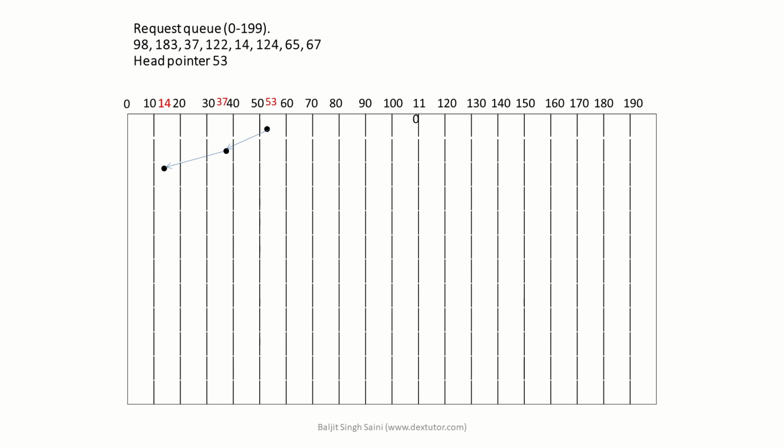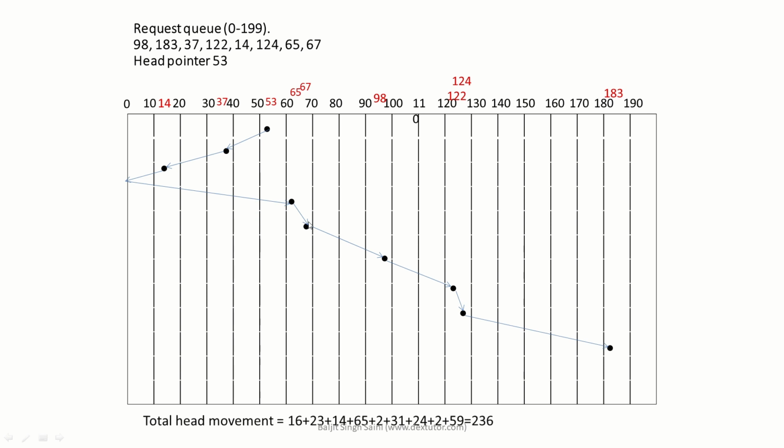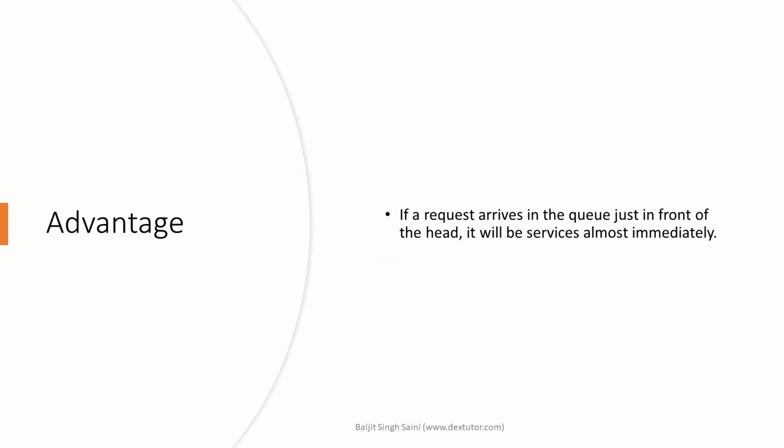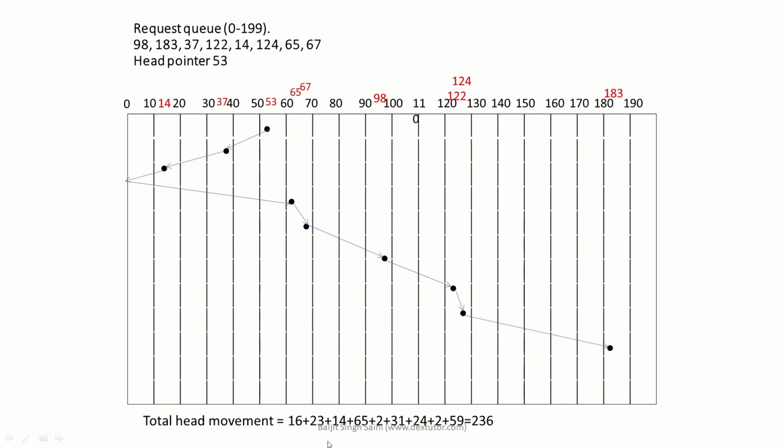Then it doesn't change direction at 14. It goes to 0 and then changes direction towards 65. It goes left because we gave the direction to the left. The next is 67, 98, 122, 124, 183, that is the largest.